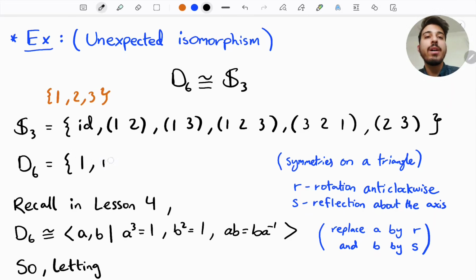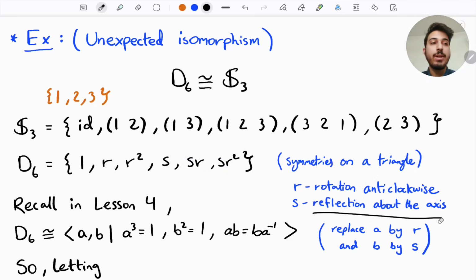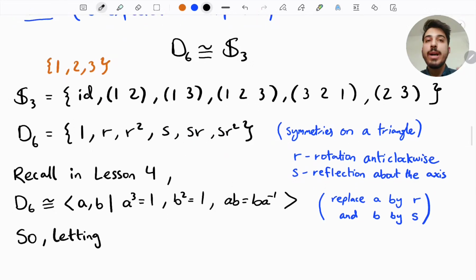So we would have R, R squared, S, SR, SR squared, where R is the rotation, which is done anticlockwise, and S is the reflection about the axis which passes through 1. So we have two different groups, but they have the same number of elements, and it's time to see if they are isomorphic. And if they are, what is the homomorphism that we can use, and how can we prove that it's an isomorphism?